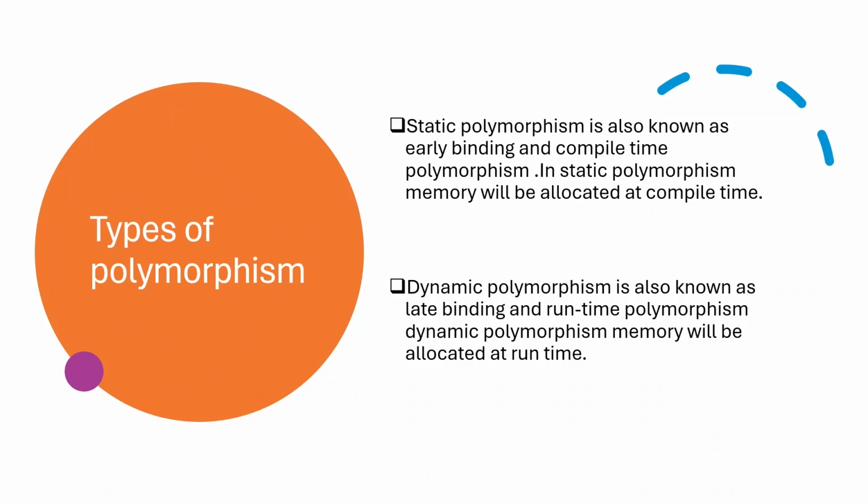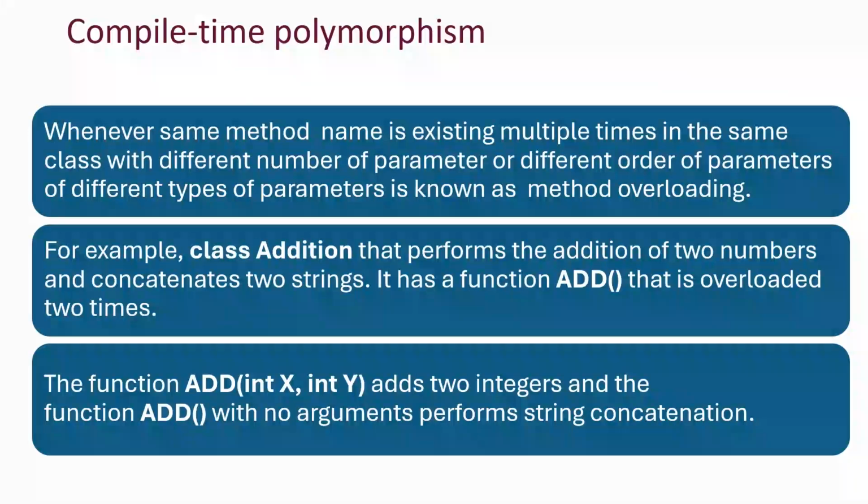If there is an error, it identifies what the errors are in the compile. So that means it is static, it does not change, but in dynamic, depending upon the input, there are many changes in the output. Dynamic polymorphism is also known as late binding and runtime polymorphism. In dynamic, memory is allocated at runtime.